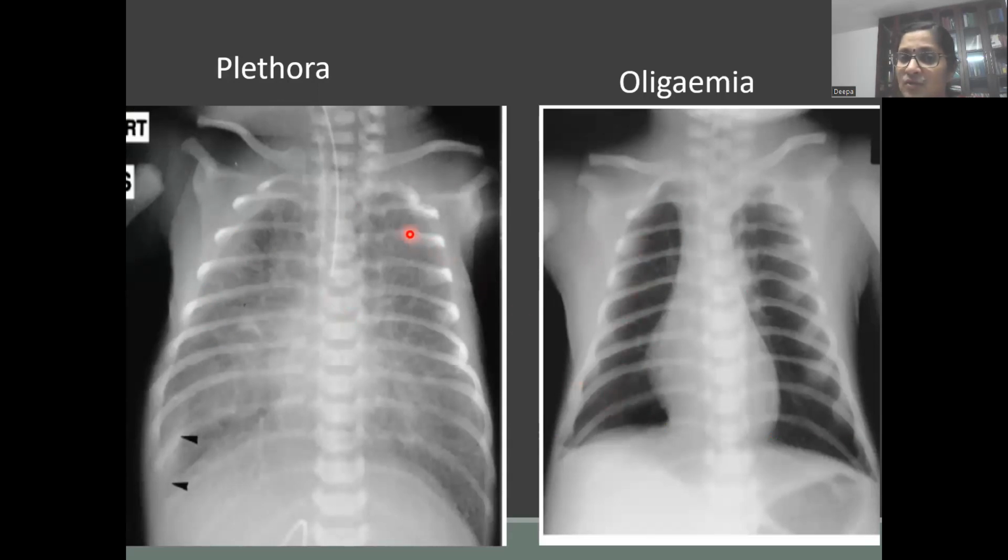That is, if you divide the lung into medial 1/3, middle 1/3 and lateral 1/3, normal vascular markings would reach up to the middle 1/3. In case of pulmonary oligemia, it would be limited to the medial 1/3. In case of pulmonary plethora, it would be extending beyond the middle 1/3, reaching the lateral 1/3 or the periphery of the lung. So this is pulmonary plethora, and the other indicates pulmonary oligemic lung fields.